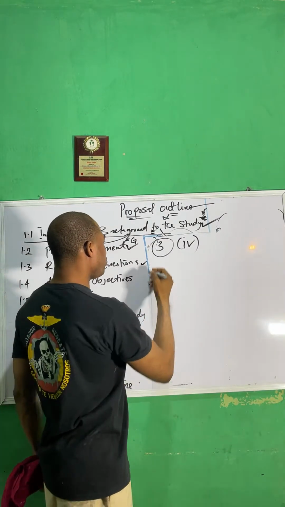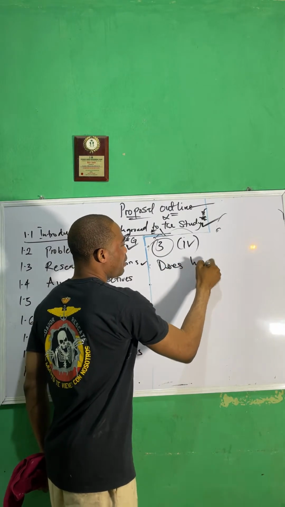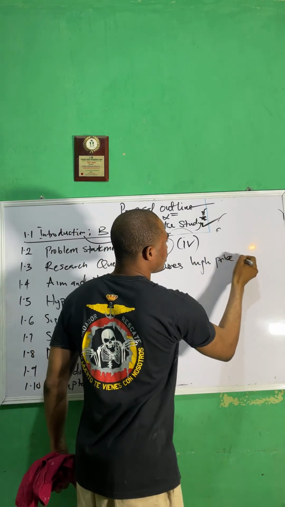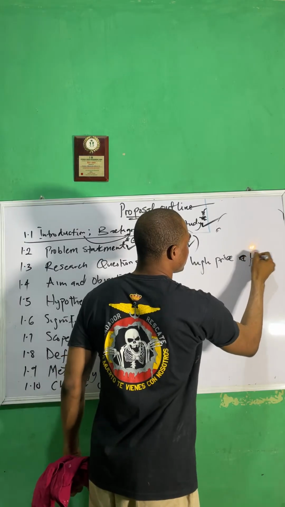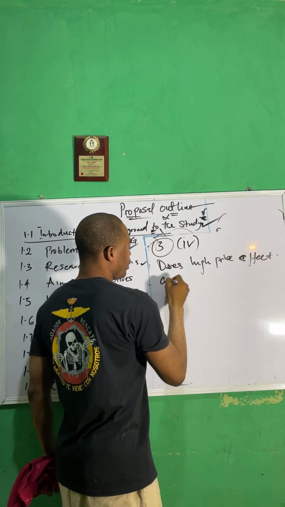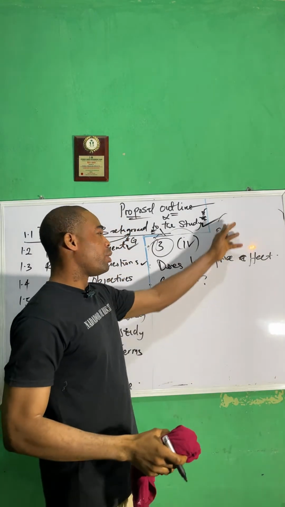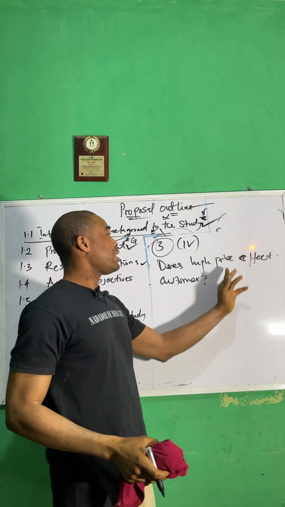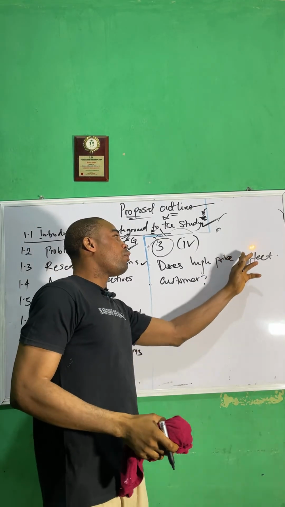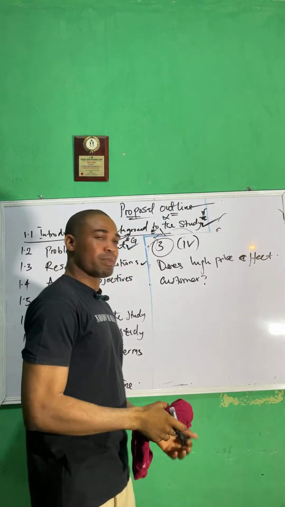I can be telling you, does high price affect customer loyalty? I deduce this from my statement of the problem because in my statement of the problem, I've already stated that high price is one of the problems we are facing on customer loyalty in e-commerce platforms.